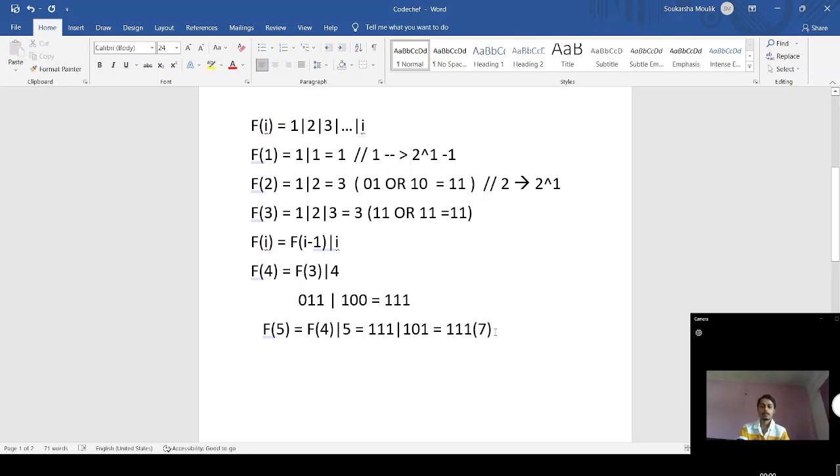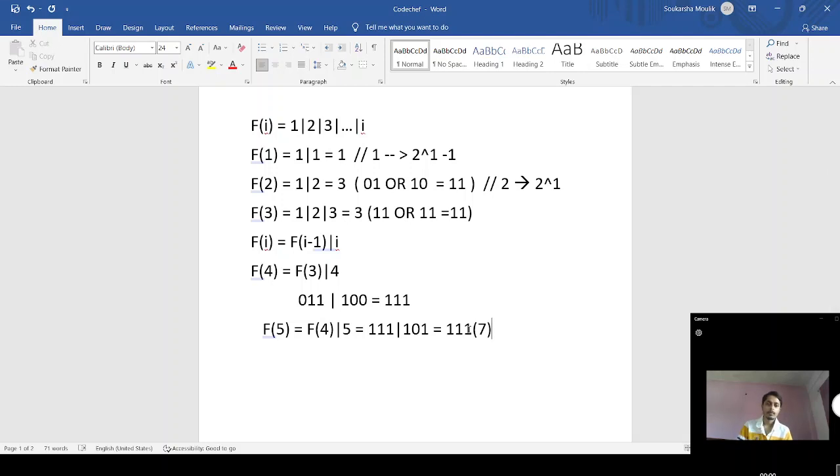Now think, will f of 6 also be 7? Yes, because 6 is representable in 3-bit binary, and 7 is representable in 3-bit binary with all bits set. So the answer will again be 7.